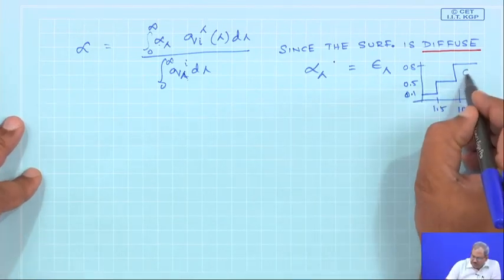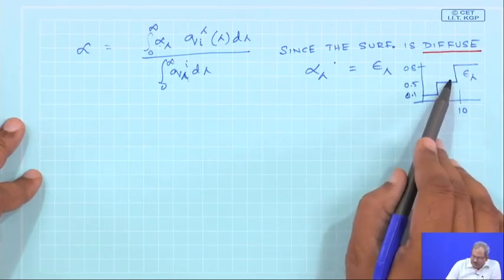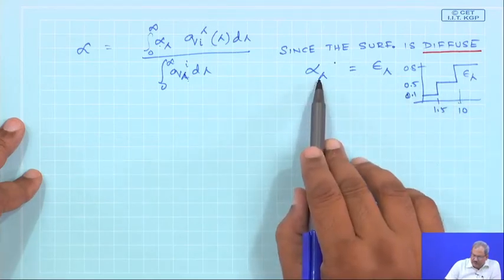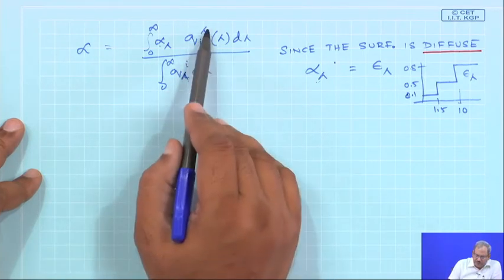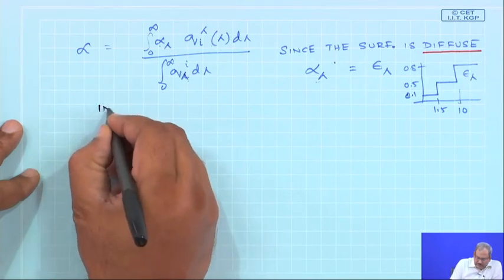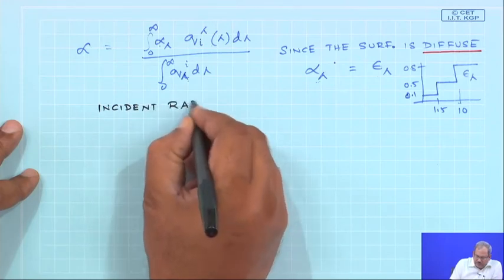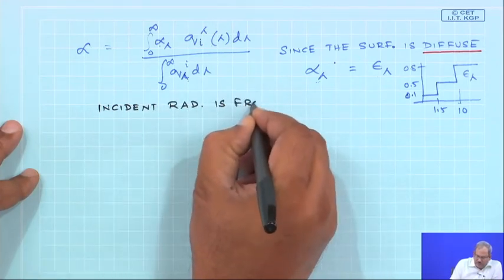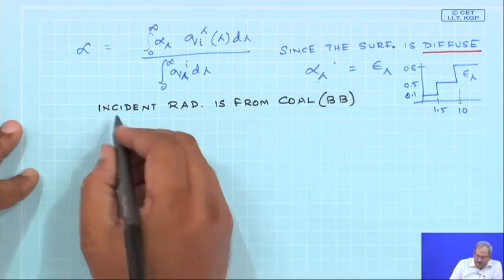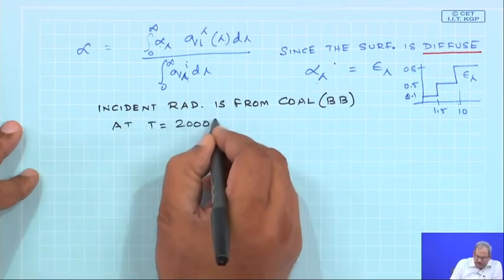This was the value of epsilon lambda which was provided. Since the surface is diffuse, the same values can be taken as that of the spectral absorptivity. The question that remains is, what am I going to do with this? Remember that this incident radiation is from coal, which is approximated as a black body at T equals 2000 Kelvin.